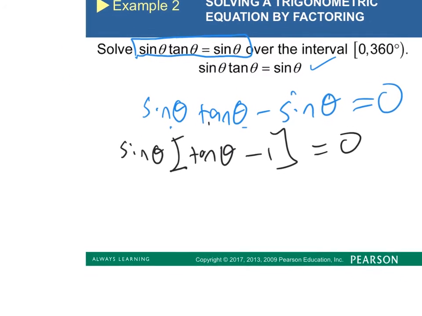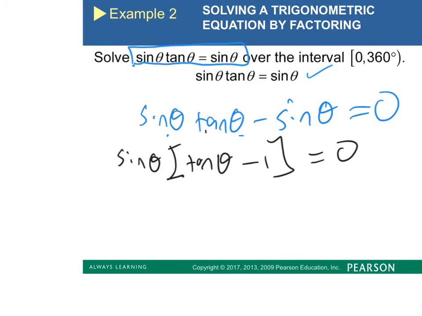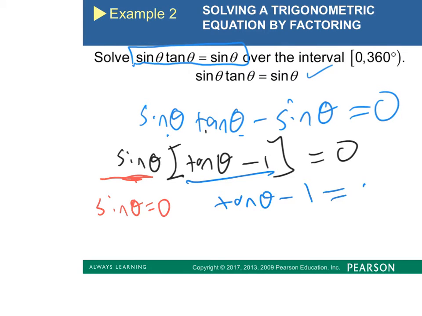So now you have, just like when we factored a quadratic equation, two factors. This could be equal to 0, or this could be equal to 0. So those are your two possibilities.